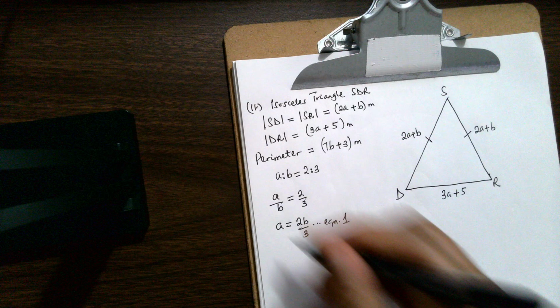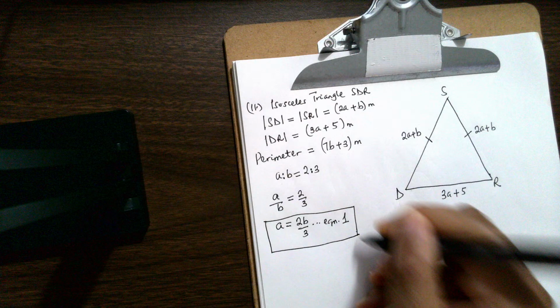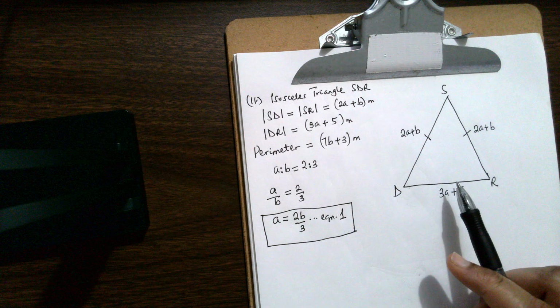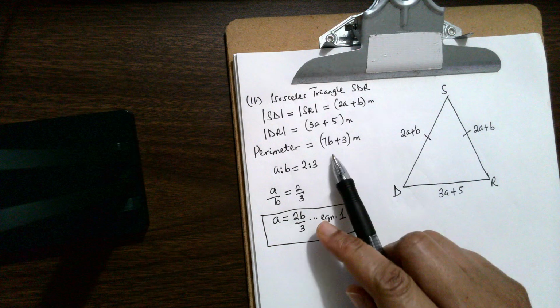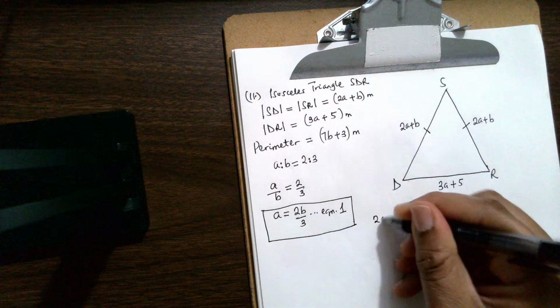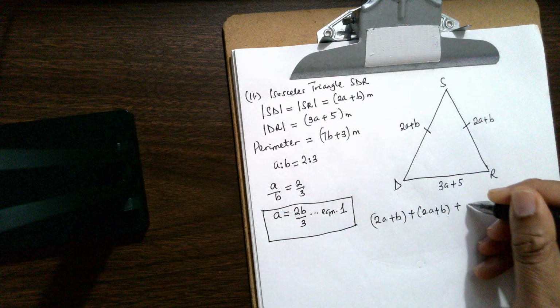So we're going to add everything up, the perimeter, and then equate it to this given perimeter here. So we have 2A plus B plus 2A plus B plus 3A plus 5.